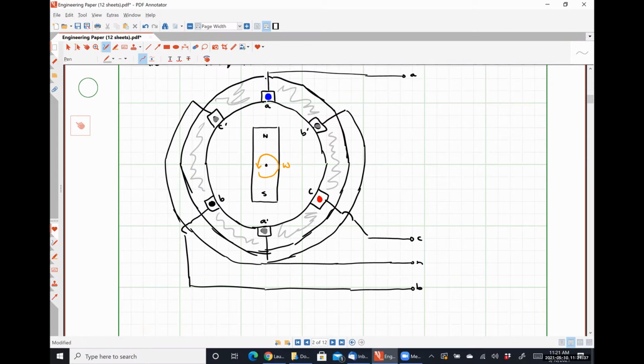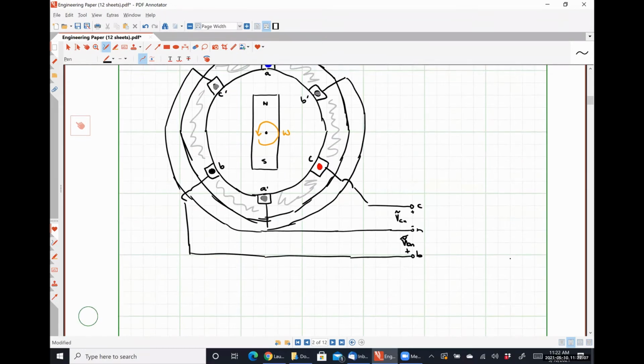So let me draw these voltages here. Between B and N, we're going to have a voltage VBN that's an RMS phasor. Between C and N, we're going to have a voltage VCN that's an RMS phasor. And between A and N, there's also going to be a voltage, but it's hard for me to draw it on this thing, so I'm not going to worry about it. Okay? But there is some voltage VAN as well.